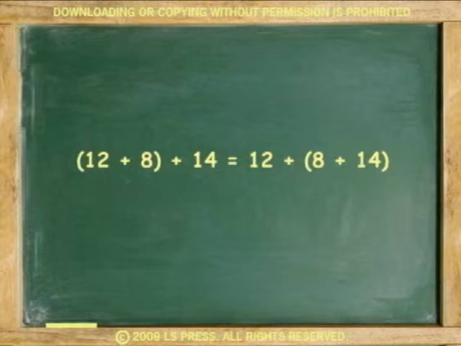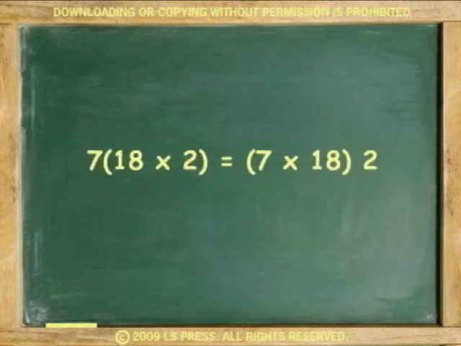Whether you associate the pair 12 and 8 first or the pair 8 and 14 first, the answer will not change. And the same happens with multiplication. (7 times 18) times 2 equals 7 times (18 times 2). Whether you associate 18 and 2 first or 7 and 18 first, the answer will not change.